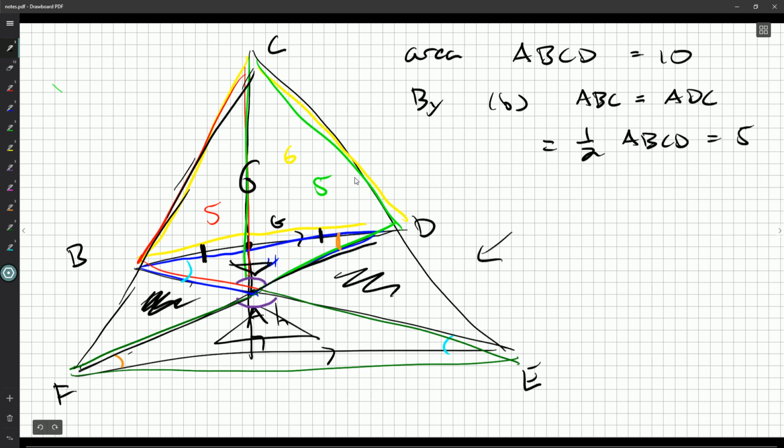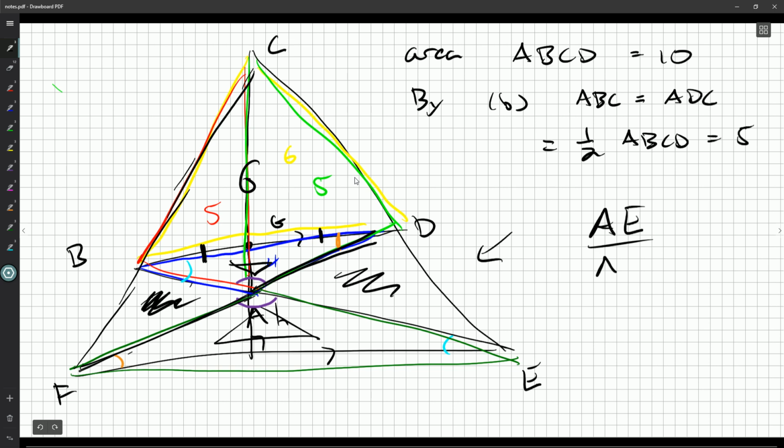Because it's not like they have a common base, so I can't say... Well, whatever this ratio is, if I could find the ratio of AD to AF, or AB to AE, and it turned out to be, for example, if AB over AE... Oops, other way around. AE is the one I'm scaling up.